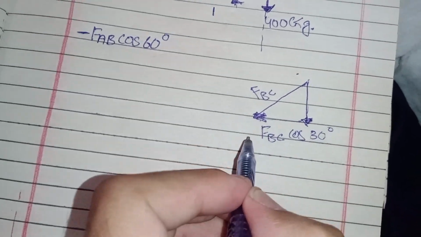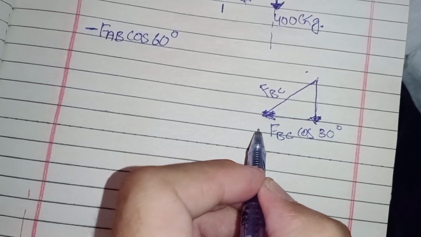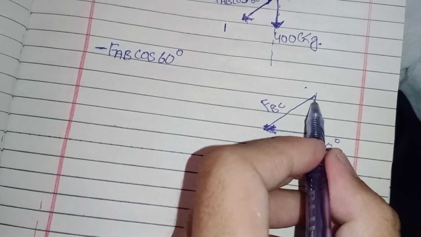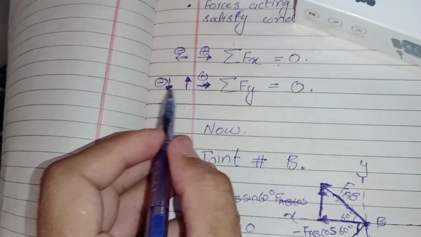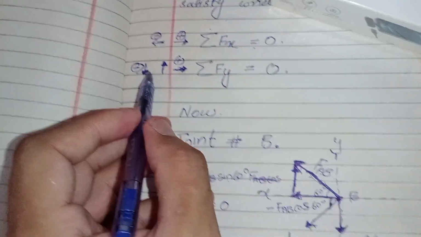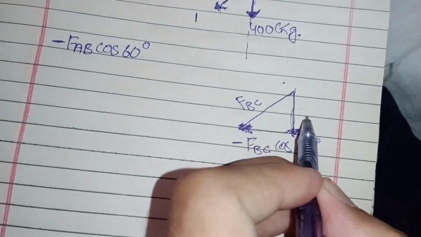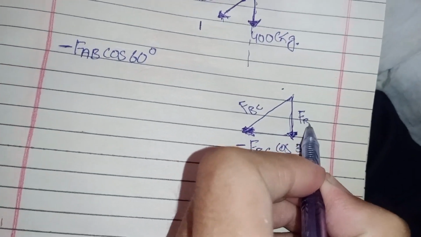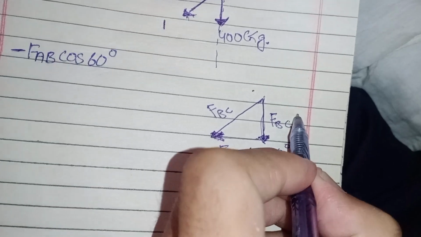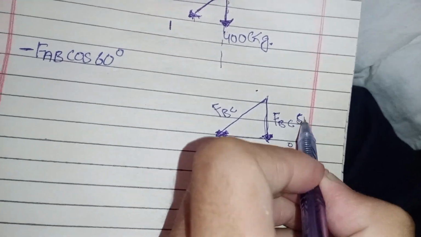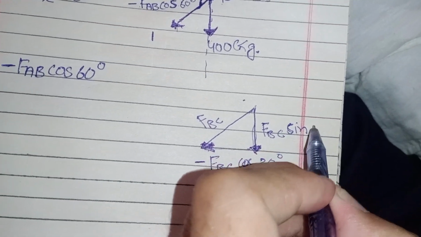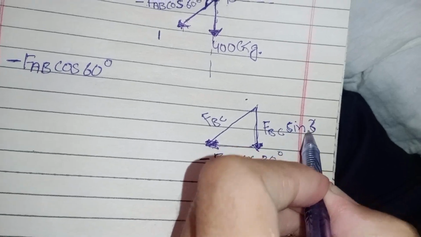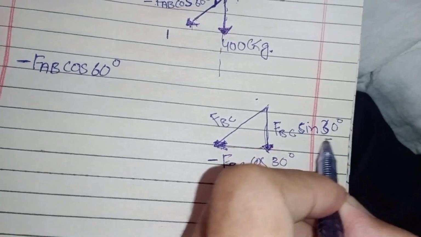The direction of force is toward left, so it will be negative, and the direction of force down, we have studied, will be negative. F of BC sine, sorry, 30 degree.